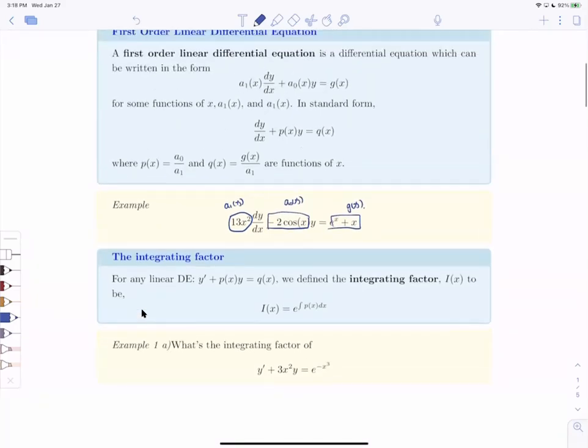Also, another thing that you should know is that if our g of x equals 0, then we call it homogeneous. This is just a review from your lecture. And if it's not 0, then we call it non-homogeneous.